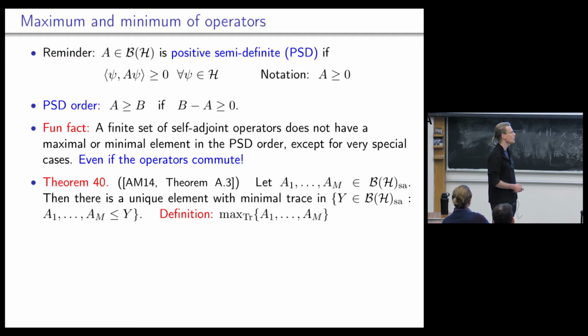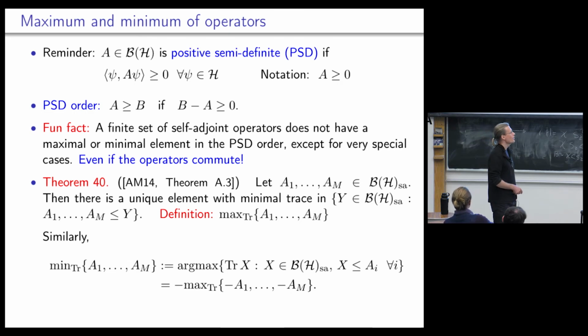So you keep the order here. And then there is a unique element with minimal trace. So it's not minimal in the sense of positive semi-definite order, but it's minimal in the sense of taking the trace. And this element we will denote as the trace maximum of these operators. And similarly, you can define the trace minimum of the operators.